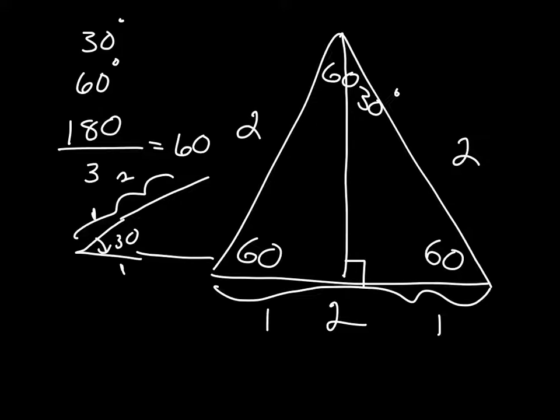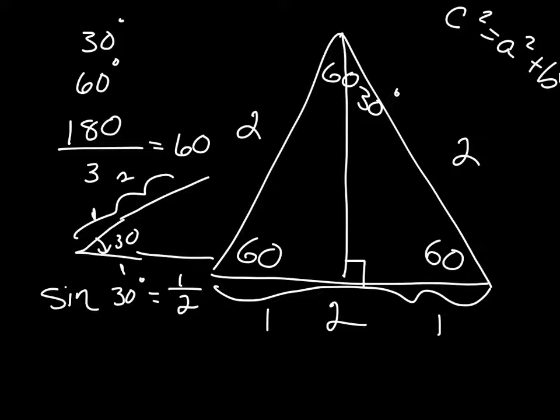So if I were to do, let's say, the sine of 30 degrees, side opposite over hypotenuse would be 1 over 2. And so that's how we get the sine of 30 degrees. If I wanted to do the cosine of 30 degrees, that would be adjacent over hypotenuse, and I don't have the adjacent side, so I would need to use my Pythagorean theorem to find it.